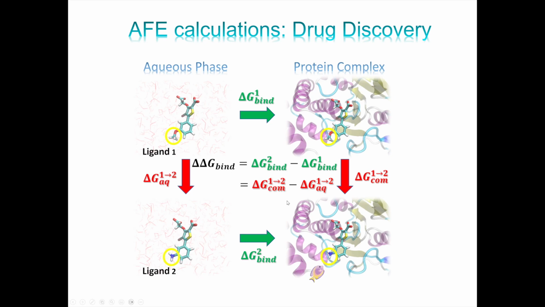Except the alchemical free energies are much more computationally convenient to calculate. So it's not that hard to replace one chemical substituent with another chemical substituent, as opposed to looking at the entire binding process.